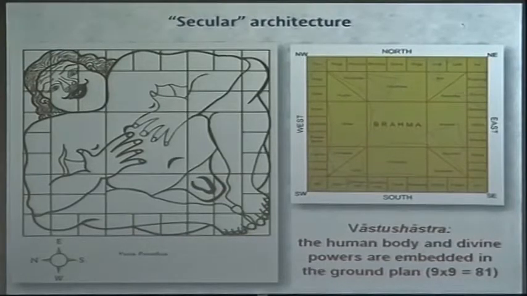And this is the famous Vastu Purusha. But now this Vastu Purusha is not vertical as in the temple. He has been projected on the floor, the ground plan. And there are lots of legends explaining that he's a demon who has been contained in the structure, and we must be very careful not to antagonize him.